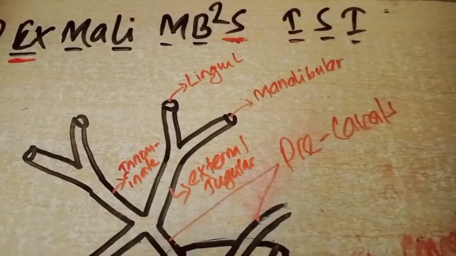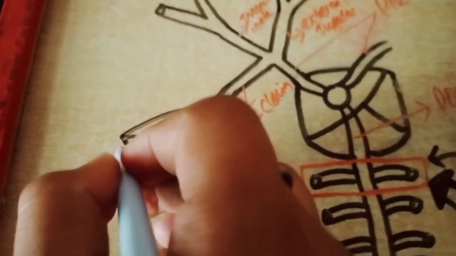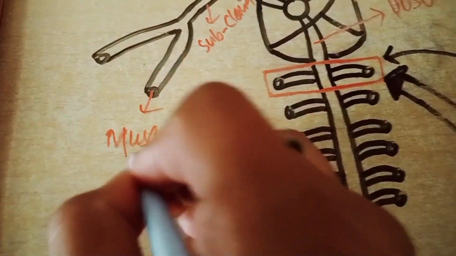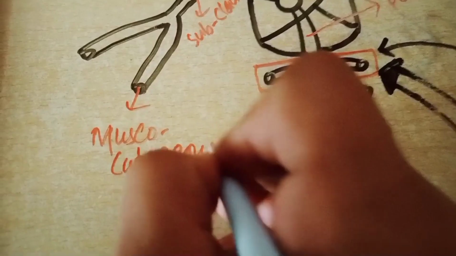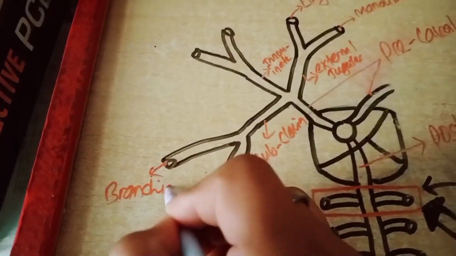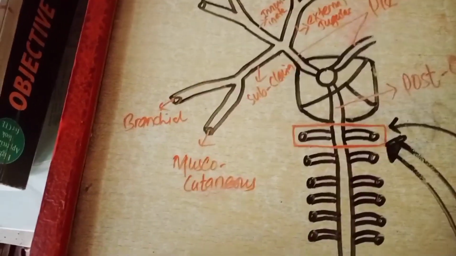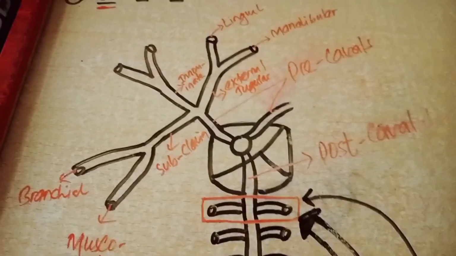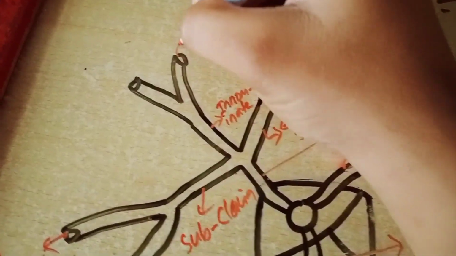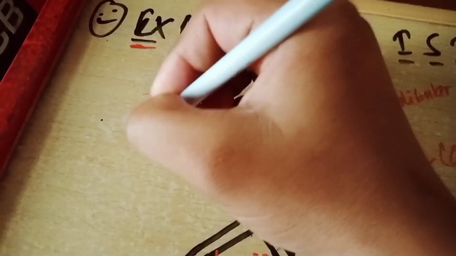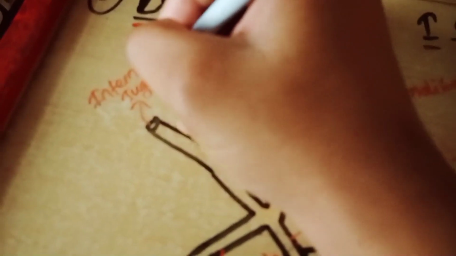Subclavian has musculocutaneous and brachial. Now innominate, ISI, has subscapular and internal jugular.